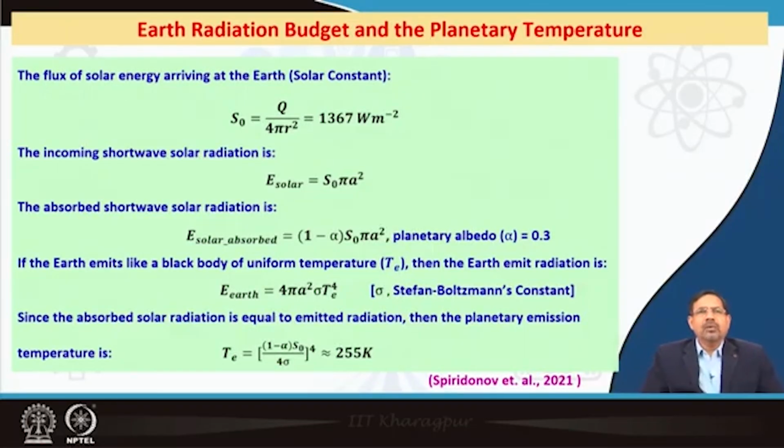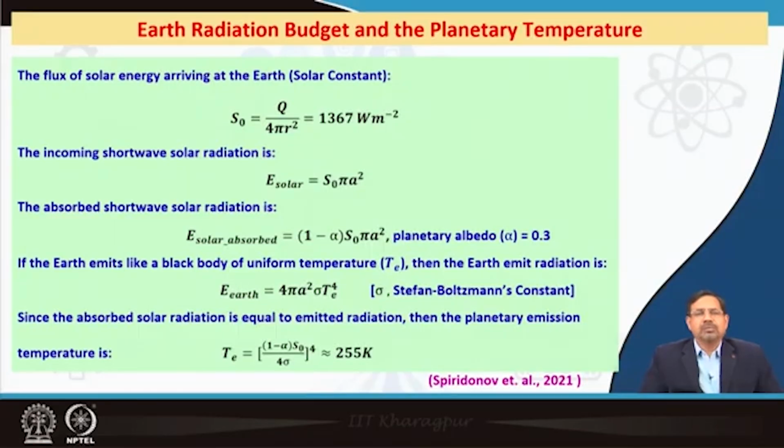Now, let us look at a few of these expressions, numericals. All of us know, in terms of the Earth radiation budget, the flux of solar energy arriving at Earth, that is the solar constant, represented as S0, is expressed by this formula, Q upon 4 pi R square, that we just understood.